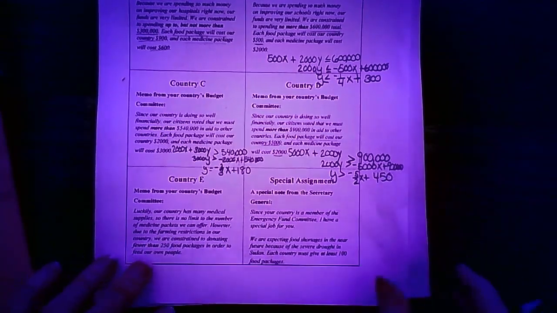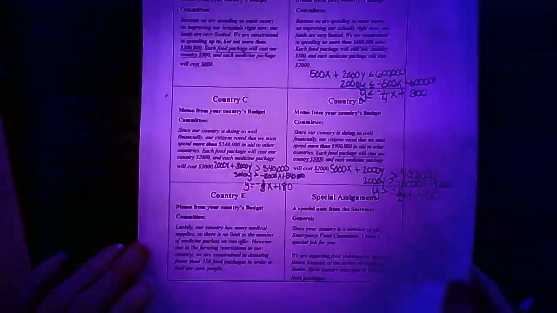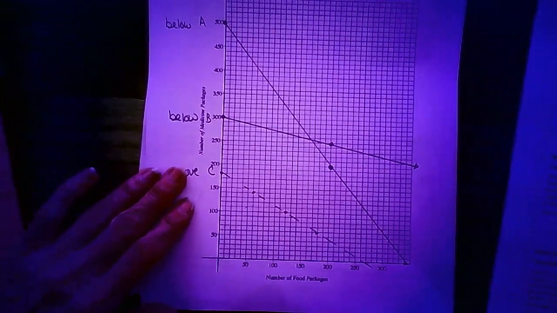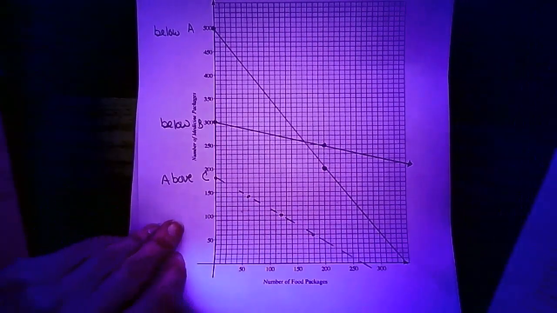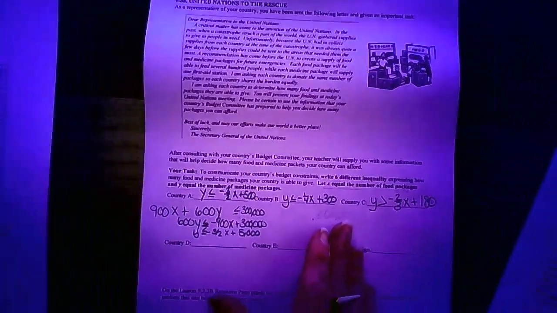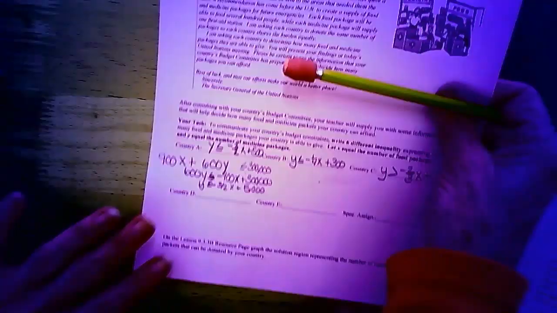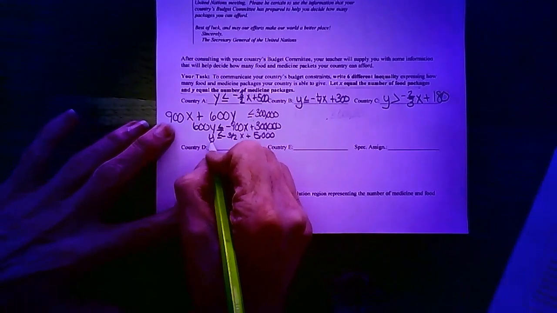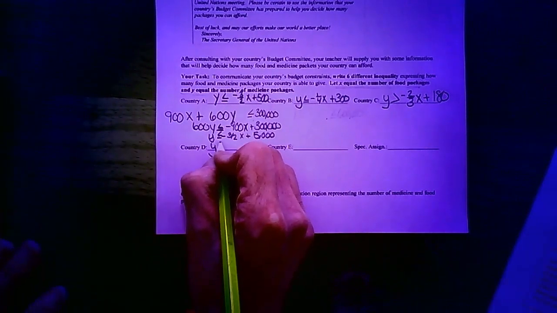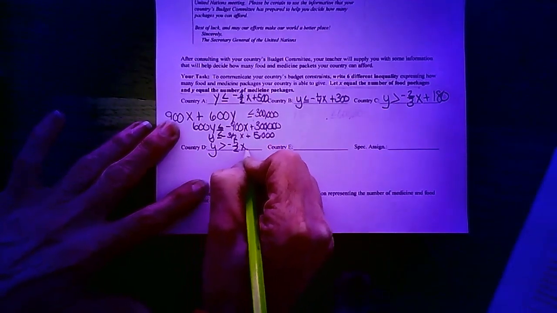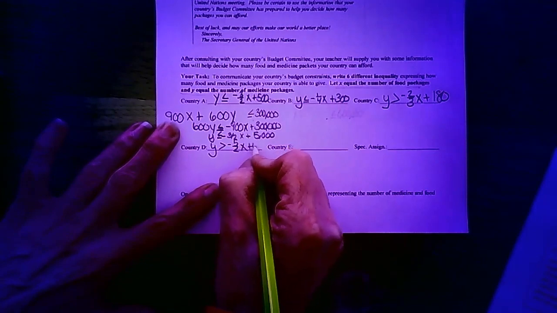So y is greater than negative 5 halves x plus 450. So back to the first sheet here. I know, we got a lot of sheets going on. But. So here we go. Greater than negative 5 over 2x plus 450.